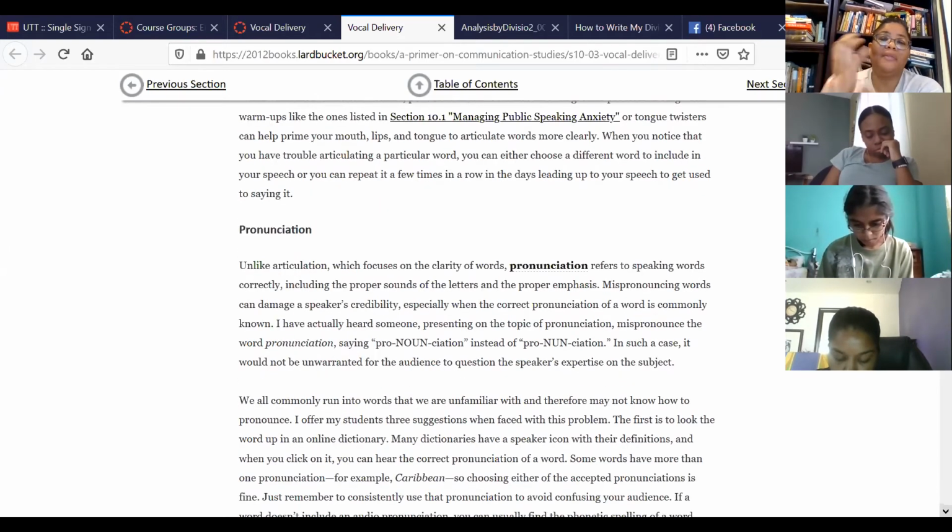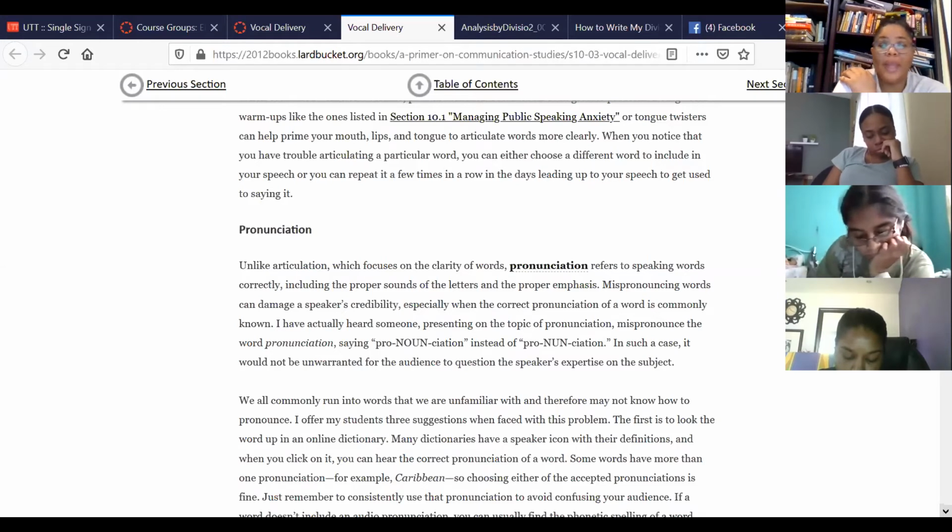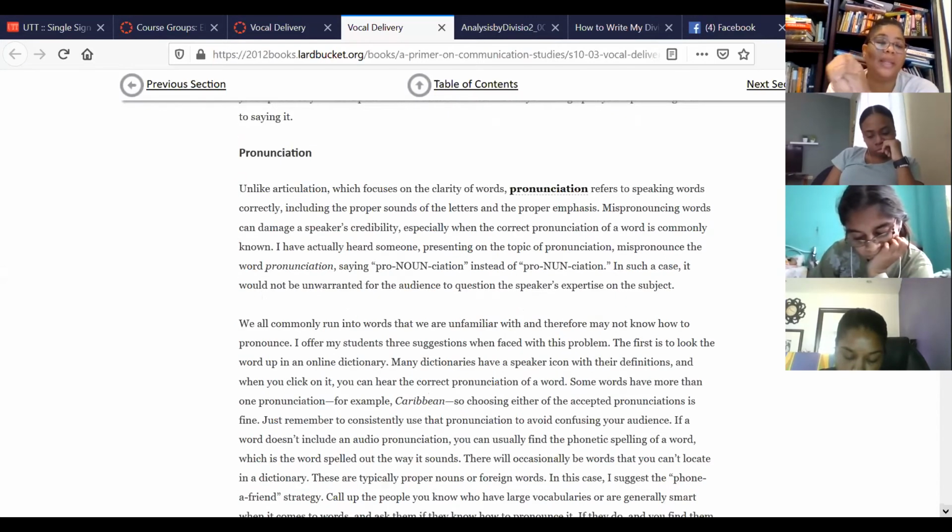So we want to think of these things actually starting to combine. They're not separate issues. They all combine for clarity of speech. Pronunciation is how we actually sound the word or how we say the word. And it relies, again, when we talked about varieties of English, on the culture you come from, your level of education, and so on, right?